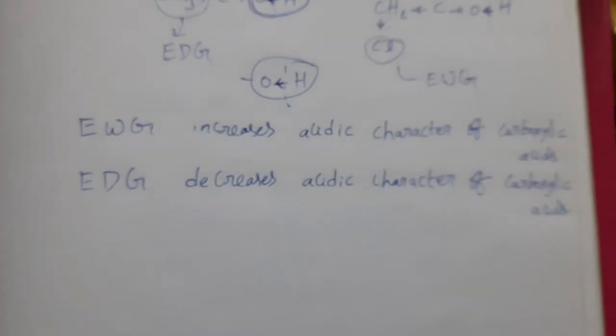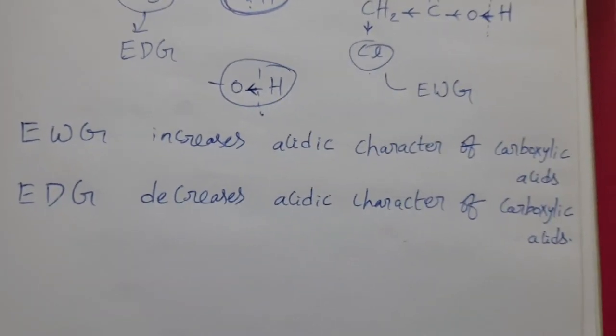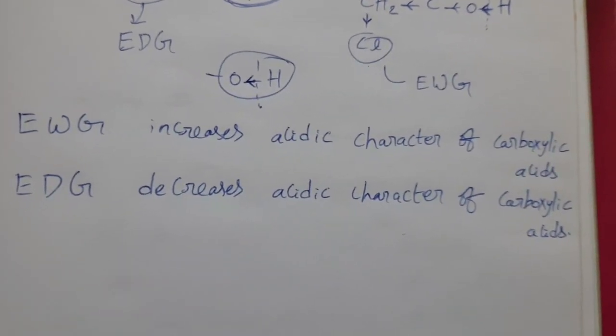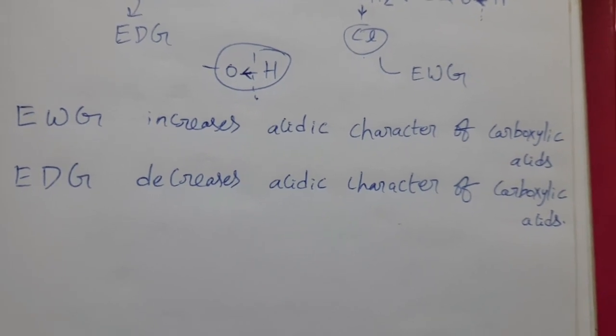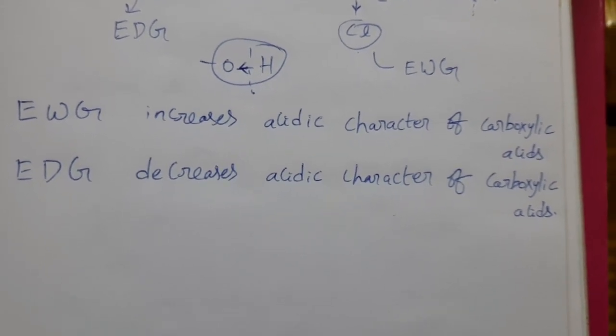Okay, so electron withdrawing groups increase acidic character of carboxylic acids, electron donating groups decrease acidic character of carboxylic acids.